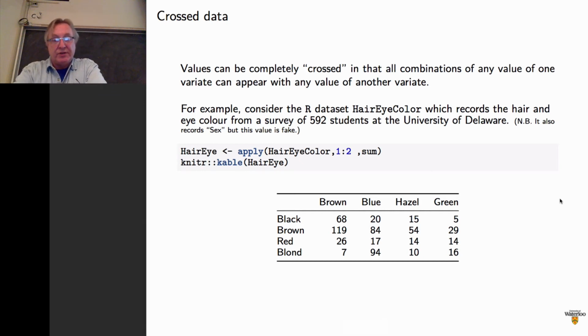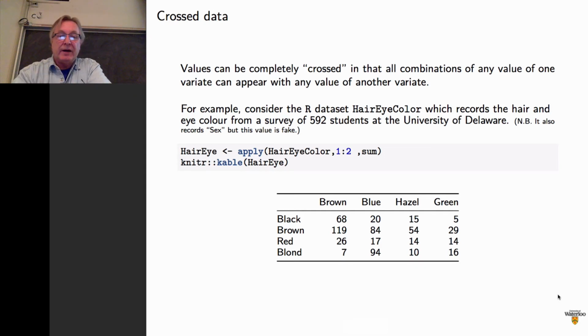These are a bunch of students from the University of Delaware, and we have their eye color, brown, blue, hazel, green, and their hair color, black, brown, red, blonde. So for every person, we know their eye color and their hair color. So that's what I mean by it's crossed. So I have this whole two-way table, here a 4x4 table. Okay?